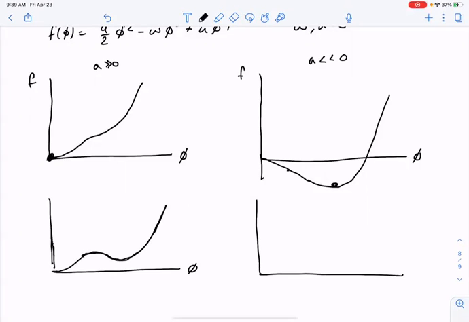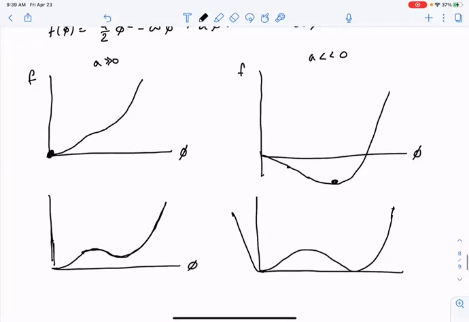This 4th order polynomial could also then have a bistable state if A, W, and U were all finely tuned for that to happen. So the 3 solutions, I think, become apparent.